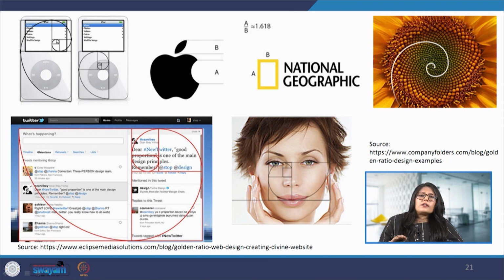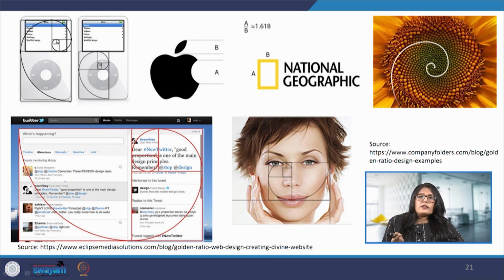So, we have been using this for thousands of years, and this is sort of ingrained in our system, where we immediately tend to identify something which holds this proportion, and we find it aesthetically pleasing, and we find ourselves emotionally drawn towards it. One may not even be aware that such a ratio exists, but we are just subconsciously drawn towards it.